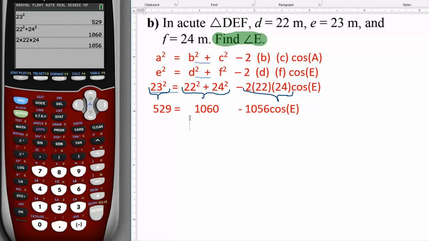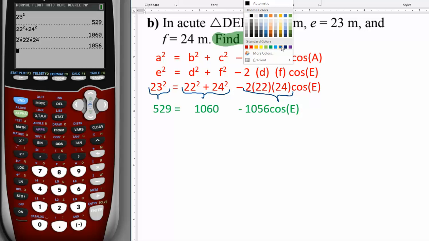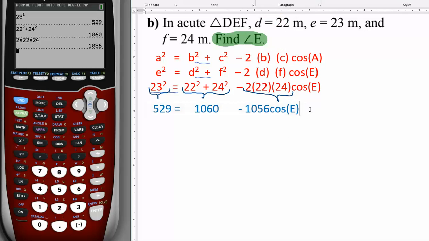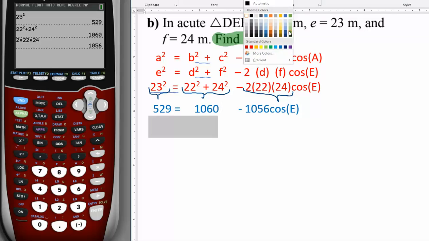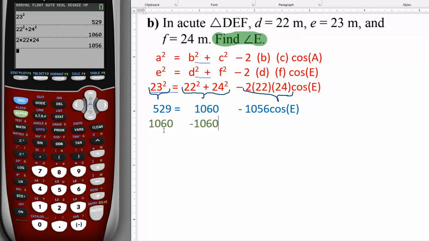So the first step we're going to do is subtract the 1060. We've got to get rid of the 1060 so that we can then deal with the term with the variable in it.